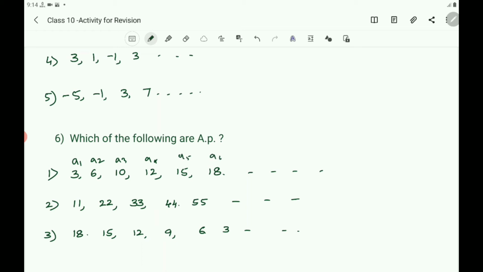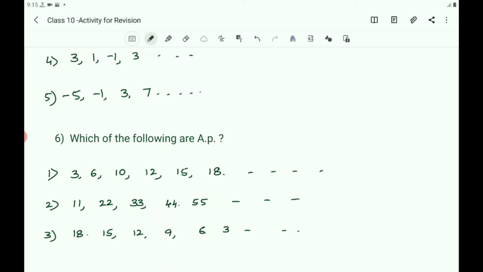And if the difference between the consecutive terms is constant, then you can say that they are AP. Find 6 minus 3, 10 minus 6, 12 minus 10, 15 minus 12, 18 minus 15, this way. Or if you got a different value for the second difference, there is no necessity of finding the next difference.